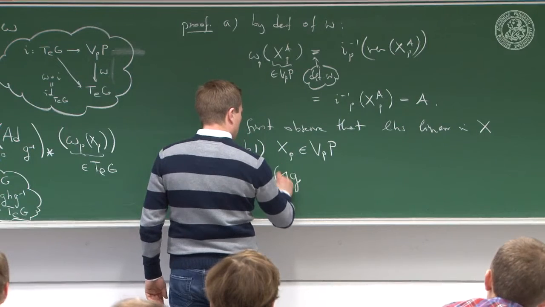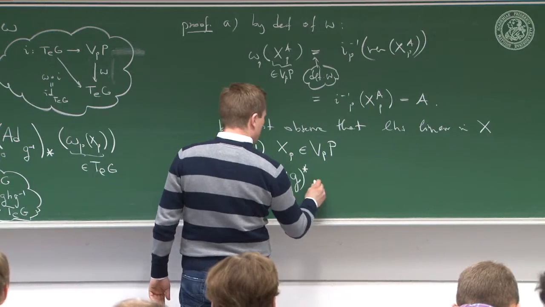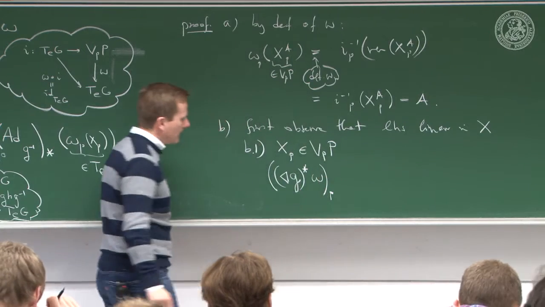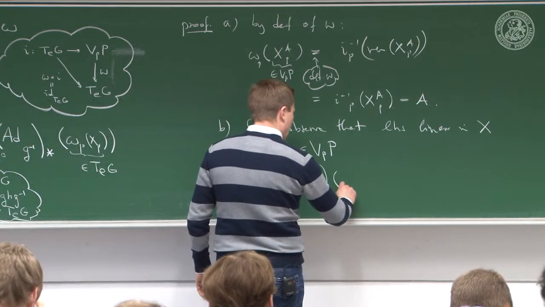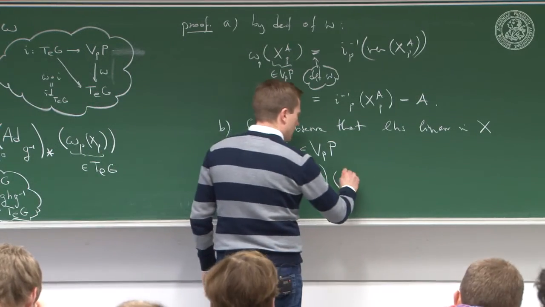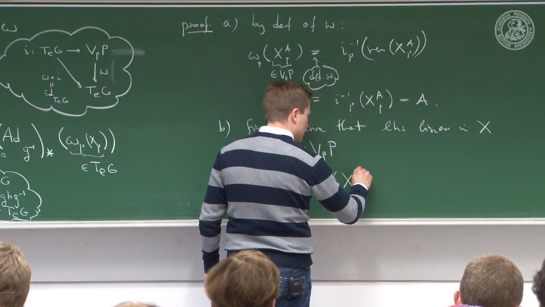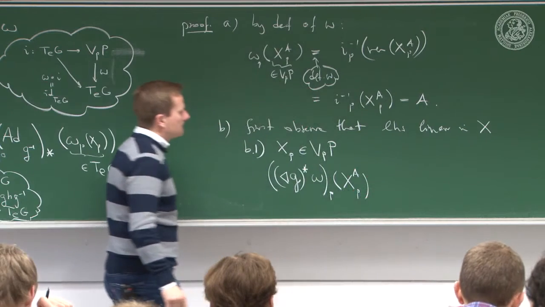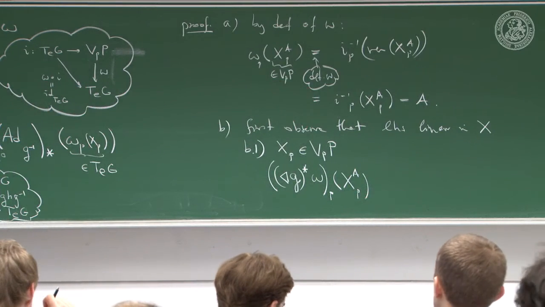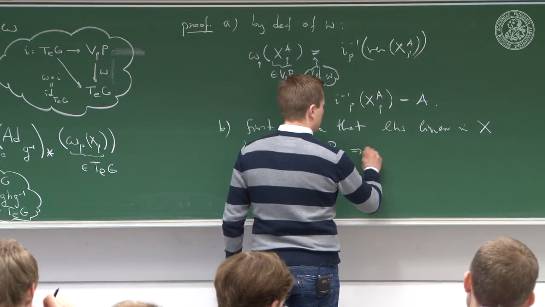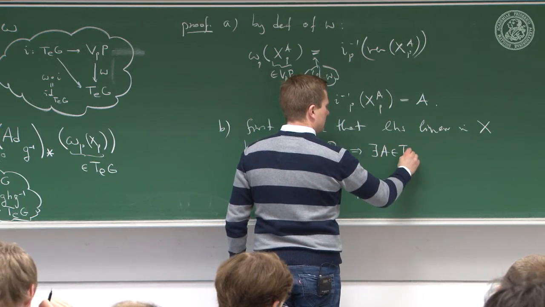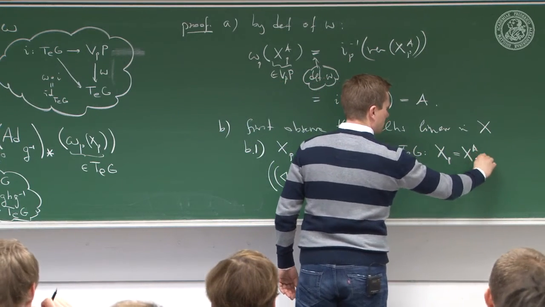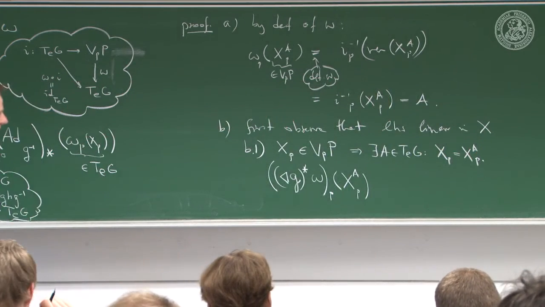We take the pullback of the one form omega, and that's supposed to be a one form at p, and we act on it on a vertical one. But then we can always generate this vertical one from a Lie algebra element A. So if this is in here, then there exists an A in TeG such that X is XAp. So if it's vertical, we represent it like this.